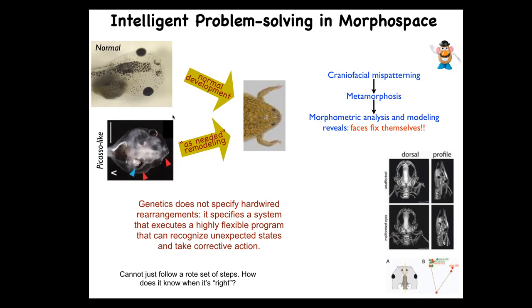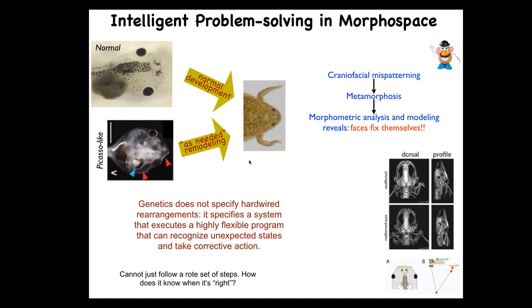We decided to test the hypothesis. How much intelligence does the system actually have for navigating this problem space? And so what we did was we create these so-called Picasso tadpoles. The idea is that everything is in the wrong place. The eyes on the back of the head, the jaws are off to the side. We just scrambled the whole head. What happens is that these animals make largely very normal frogs, because all of these body organs will move in novel paths.